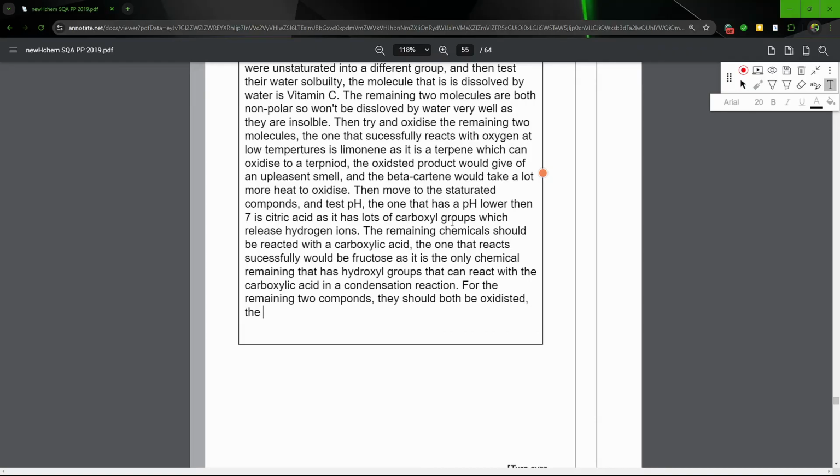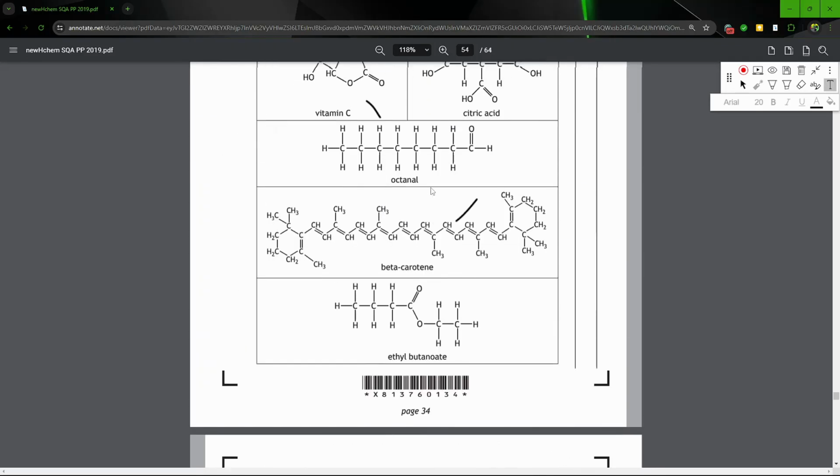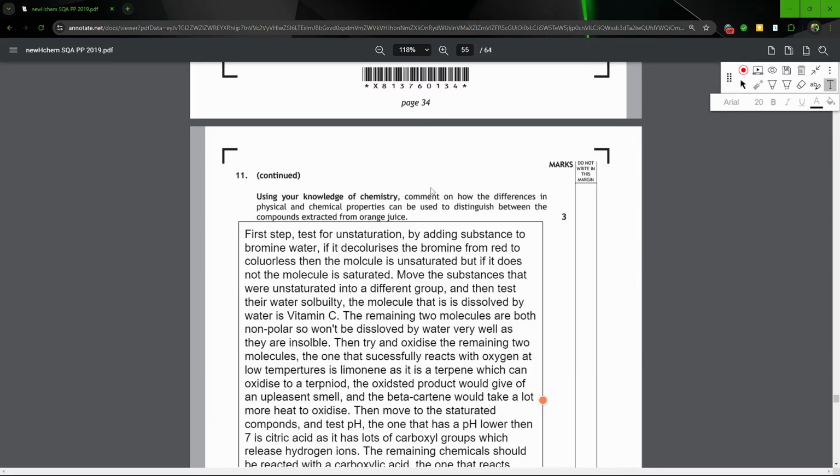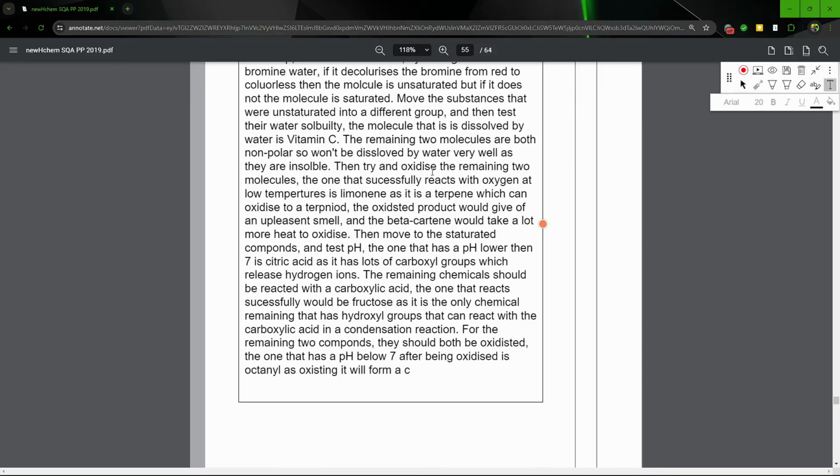The one that has a pH below 7 after being oxidized is going to be octanol, as oxidizing it will form a carboxylic acid, while ethyl butanoate is unaffected.